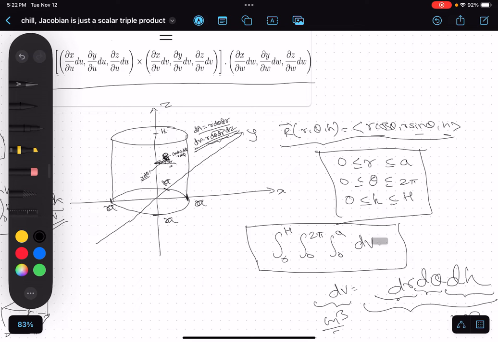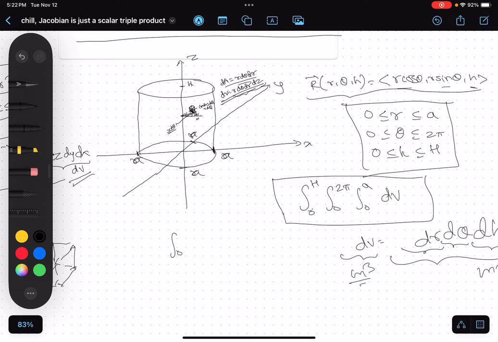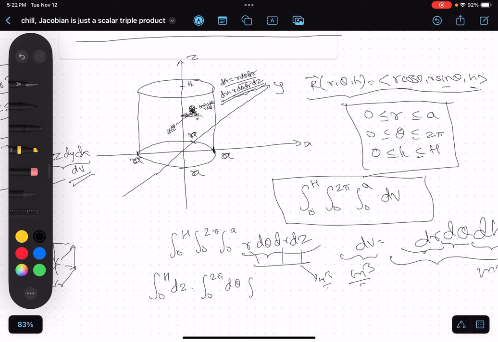And using that way you can find dV. So in this case dV, we found this out geometrically, right? This is r d theta dr dz. So it's 0 to s, 0 to 2 pi, 0 to a, and dV is just r d theta dr dz. Now this also matches dimensionally because this is meter, meter, meter, so it becomes meter cube, right? If we try to integrate 0 to s dz, 0 to 2 pi d theta, 0 to a r dr, right?